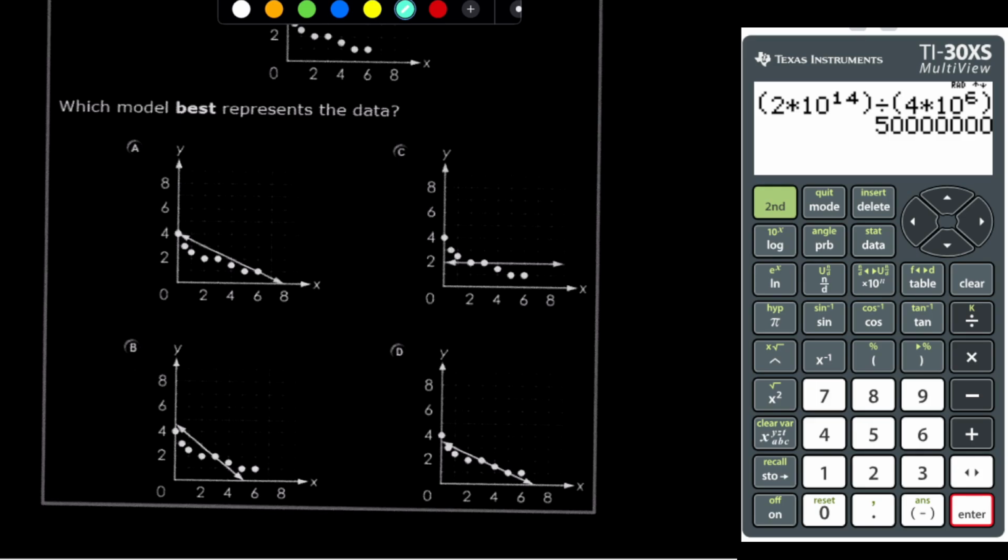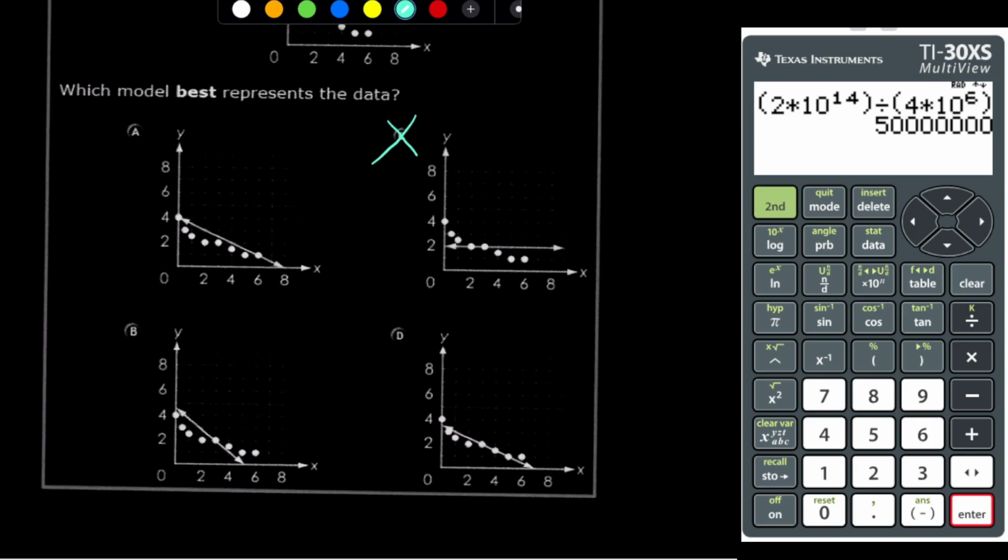So C, immediately gone. That's a horizontal line that does a terrible job of representing your data, so it's gone. B is better than C, but still pretty bad. You have some points that are decently far away from the line, and that's on more than one occasion. So I would say B is gone.